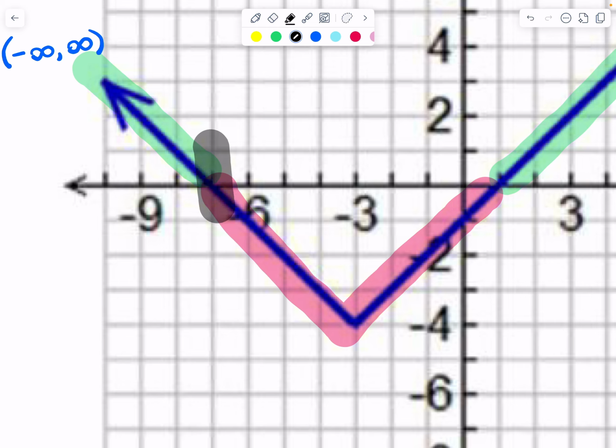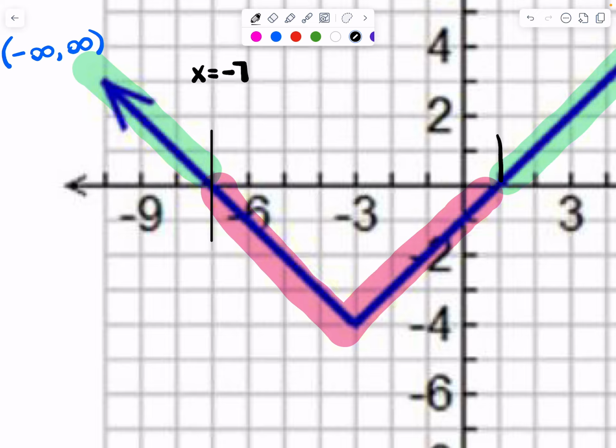So right here, it goes from positive to negative. And right here, it goes from positive to negative. So what are those numbers where it transforms from positive to negative? So this one here is where x is equal to -7.